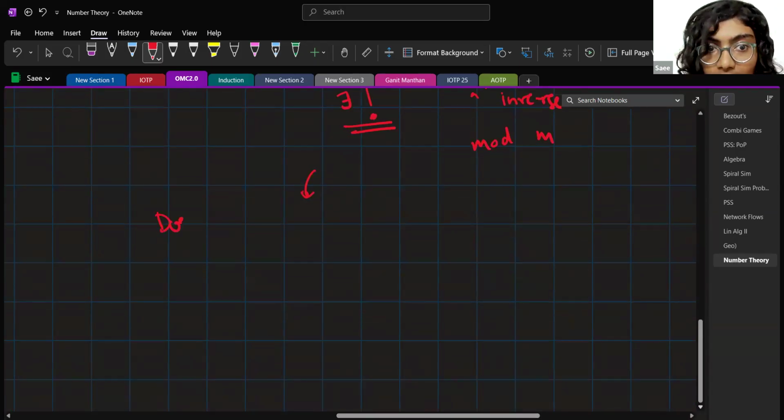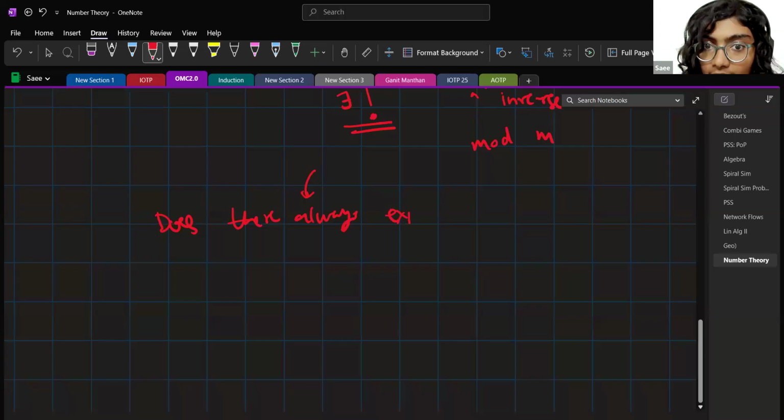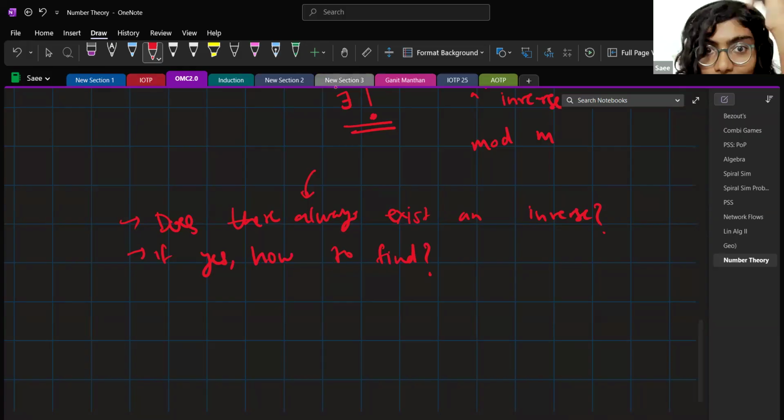Does there always exist an inverse? And if yes, then how can we find it? Right?